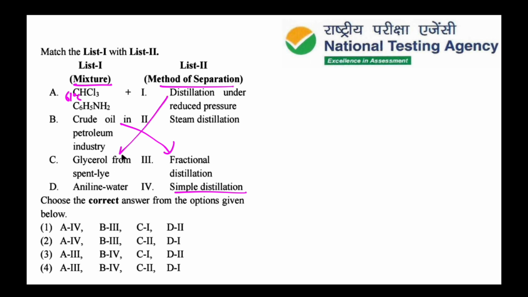Then the remaining is aniline and water. Aniline and water can be purified and separated by using steam distillation. So the correct representation is option 1.